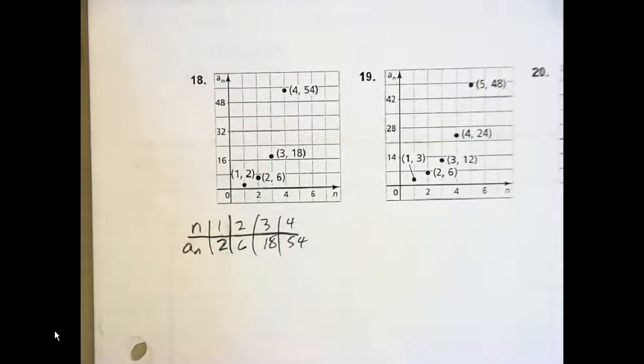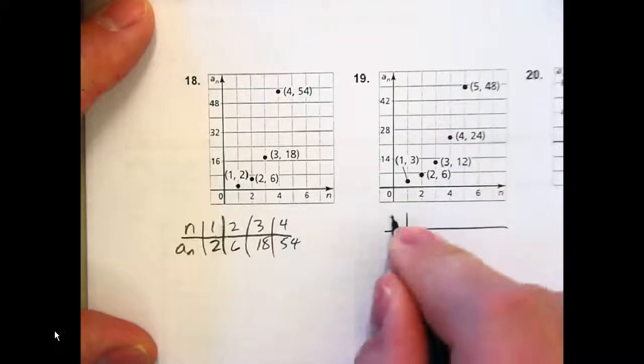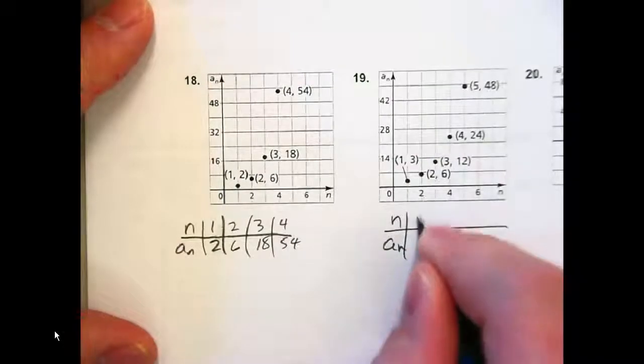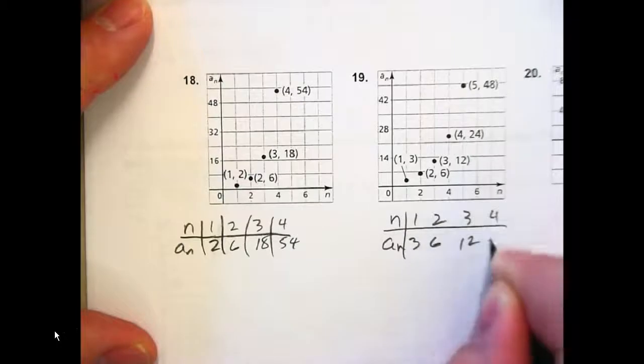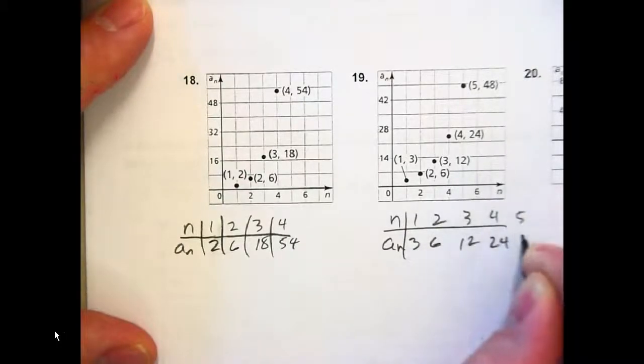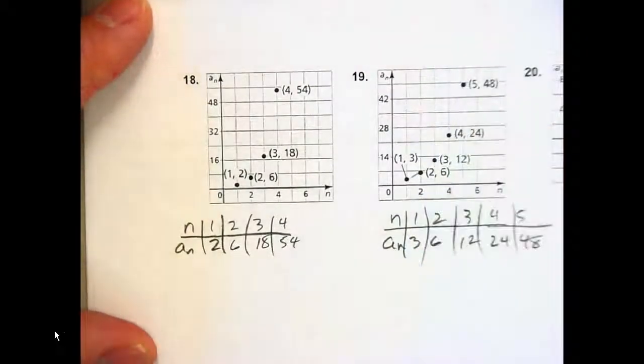Okay, so the same thing happens here. N and a sub n: 1, 3, 2, 6, 3, 12, 4, 24, and 5, 48. Okay, all of those seem like if you were to connect them, you get this nice curve. Now, we're not connecting them, but we kind of show that.